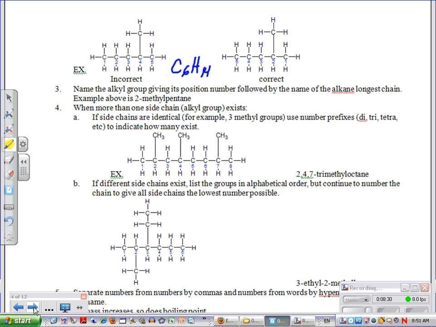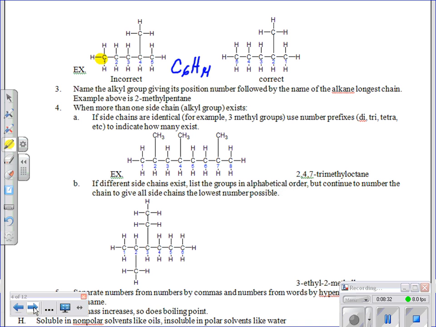And if I were to start numbering from here, like that, I would see that my alkyl group, which is right here, notice how that wasn't part of my long chain? That alkyl group comes off of number 4, so that's not correct because I could start numbering from this side and have it come off of number 2. So that would be the correct way to do it.